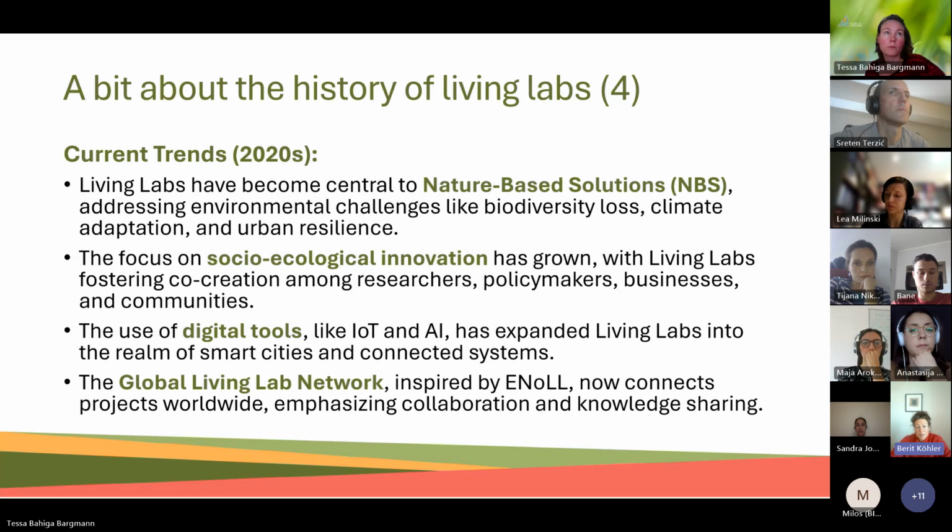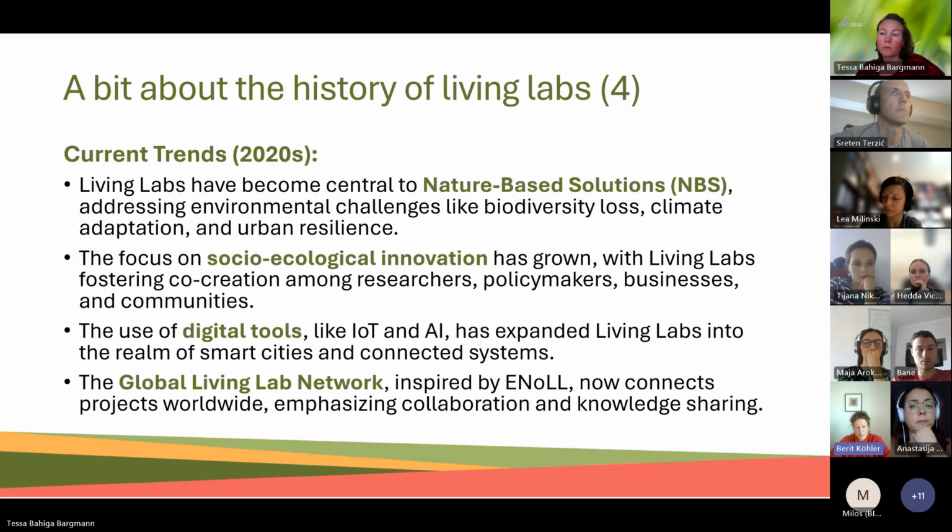And now in the 2020s, we have seen that living labs have become central to the field of nature-based solutions that we are working in, addressing environmental challenges like biodiversity loss, climate adaptation, and also urban resilience.